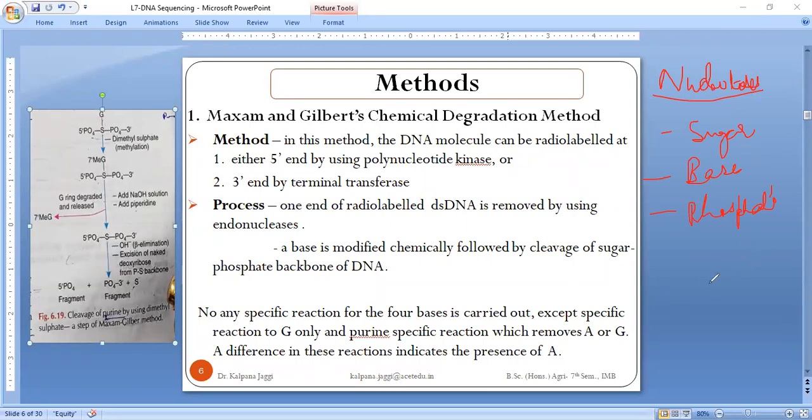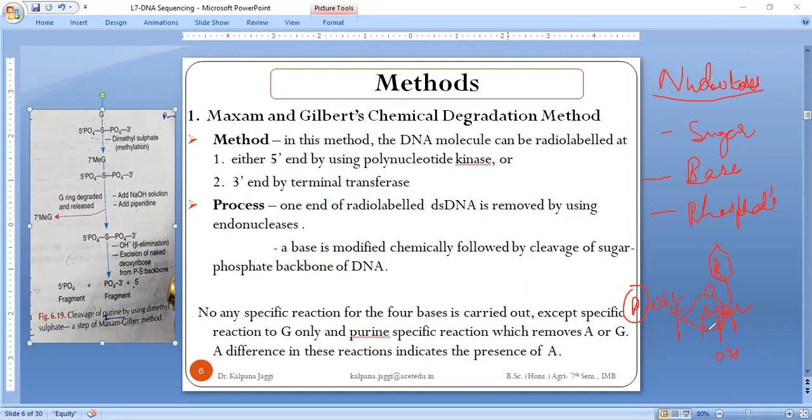So if I make a structure to build the concept in your minds, this is sugar. This sugar is connected to a base, which can be purine or pyrimidine. And here the fifth carbon of this sugar ring is attached to phosphate. This is phosphate, this is base, and this is sugar. Basically, here there used to be an H on the upper side and OH on the lower side.